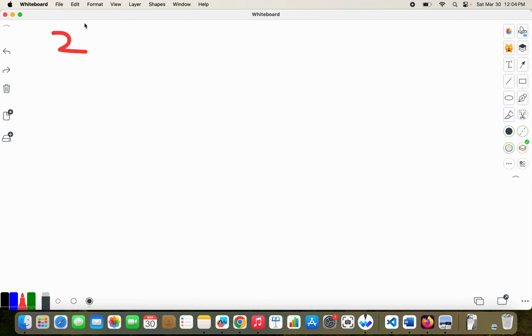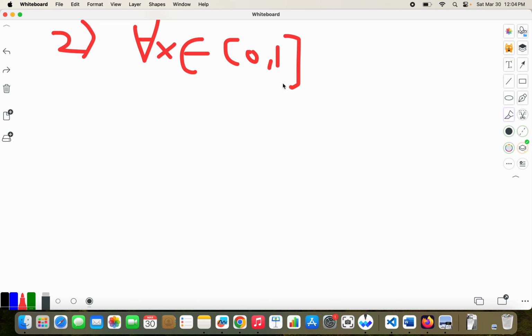And here's the second part of that theorem. For all x in the set 0 to 1, not including 0, there exists a unique sequence of digits d_j, j in N. Why are we using j?